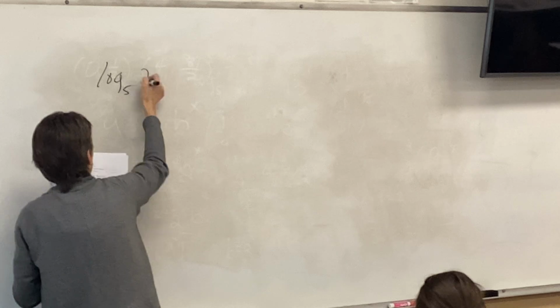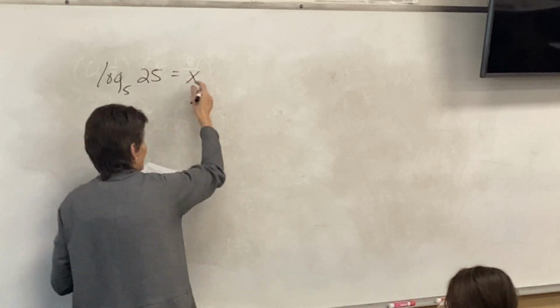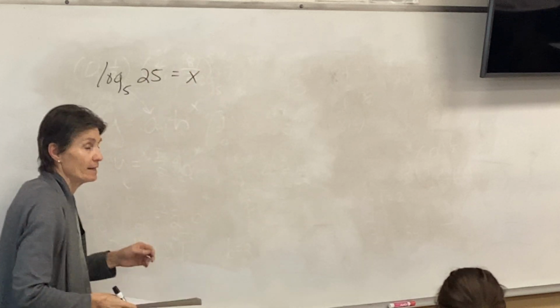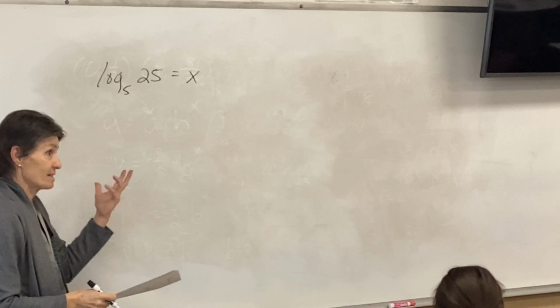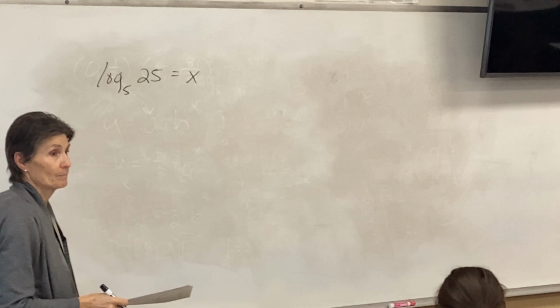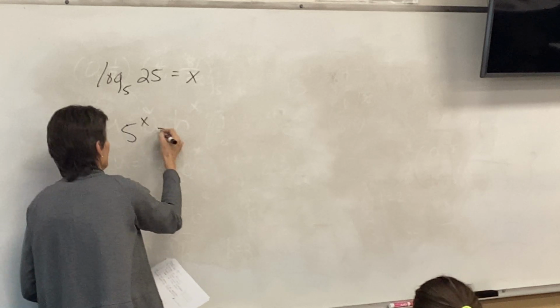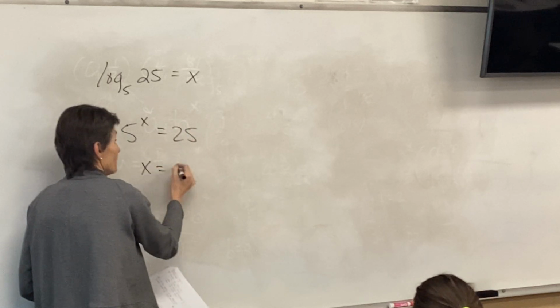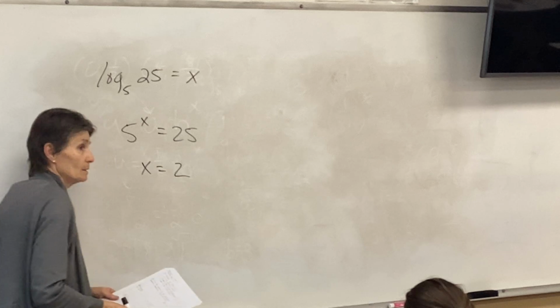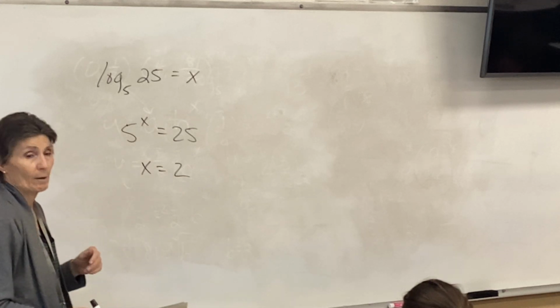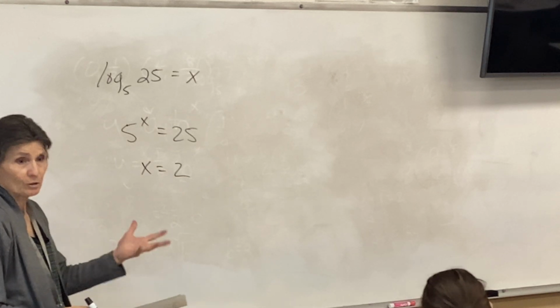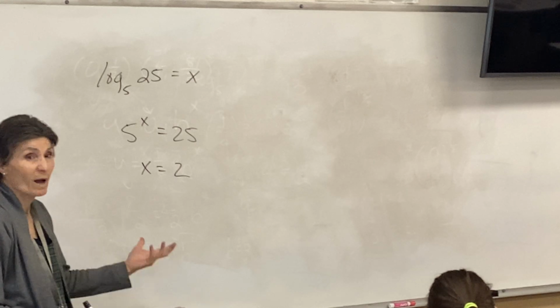What am I missing if I want to loop-de-loo? I'm missing something on the other side. So I'm going to stick an X in this time. And then when I loop-de-loo, it looks like my answer is going to be 2. And if you put X equal 2, I wouldn't get mad at you. 2 is the actual answer. There's no X in the problem.